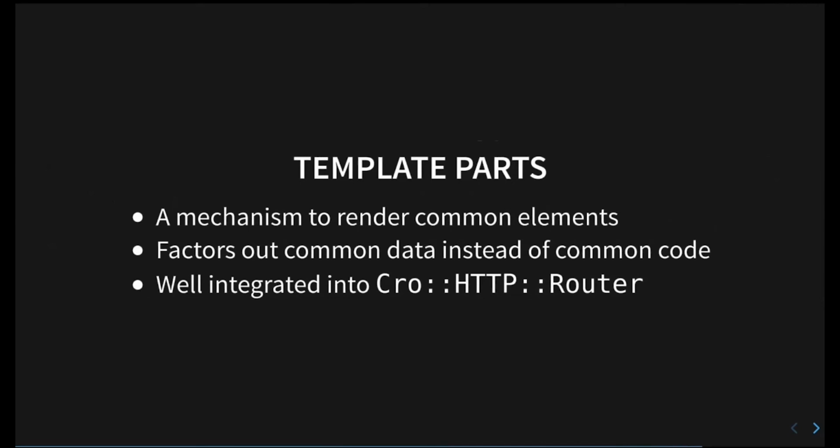Next thing we have a bit of time for is a recently introduced feature called template paths. The thing is, so far we saw how one can avoid duplicating the Cro template code by using subroutines and macro. But even so, on the Raku handler side, we still must provide the same data for the common elements again and again. And template paths can help us with this case.